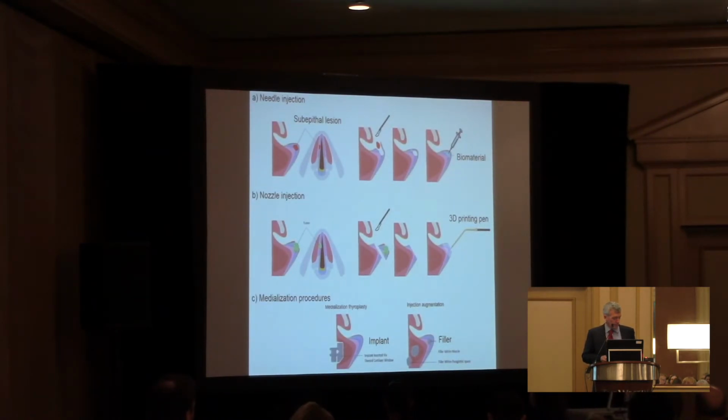So a lot of the materials that we inject are deliverable through a needle. So we're familiar with microflaps or surgical procedures to remove small lesions, and that may leave a little bit of a void, and then you could fill in the biomaterial by injection with a needle.